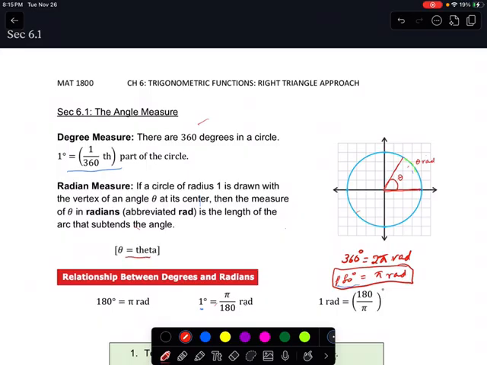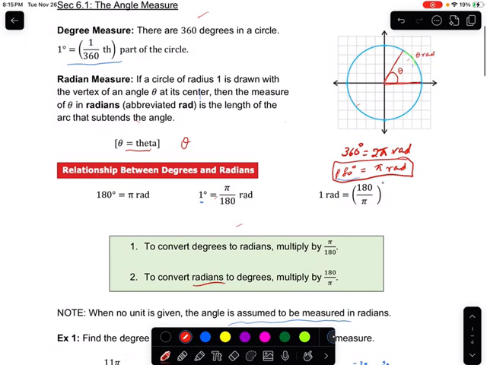But theta is a Greek alphabet. It is written as THETA and is written like this.